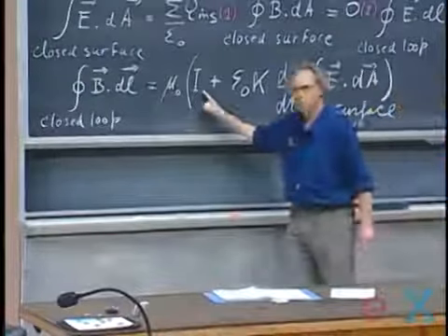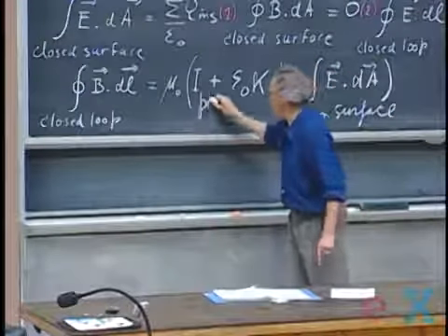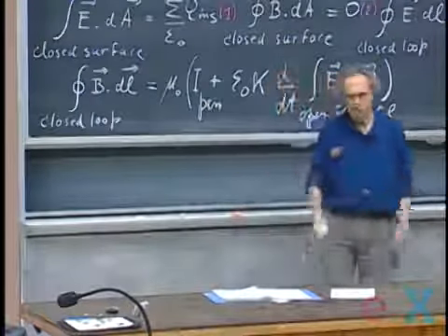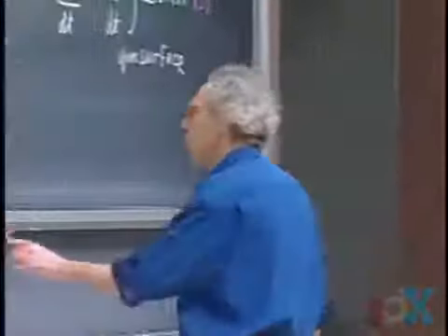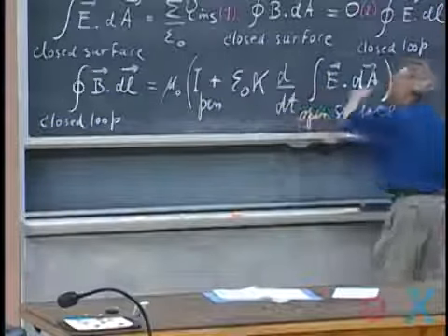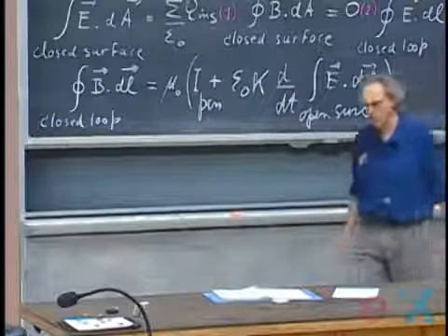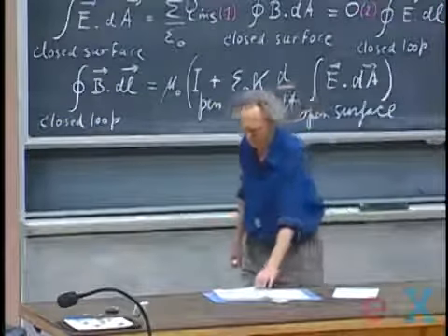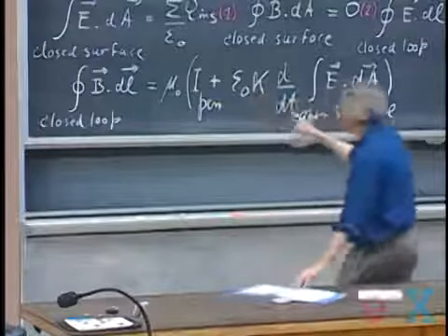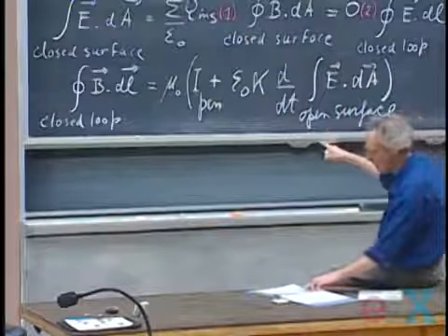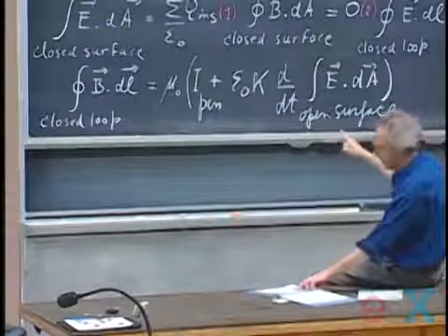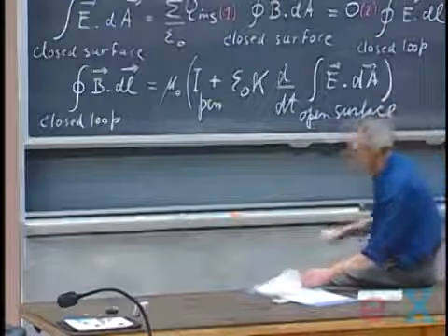This current, which is the one that penetrates through the surface, is really a real current. This term here, Maxwell called displacement current. I want to make sure that I have no slip of the pen, because I hate slips of the pen. That is correct. I have everything in place.